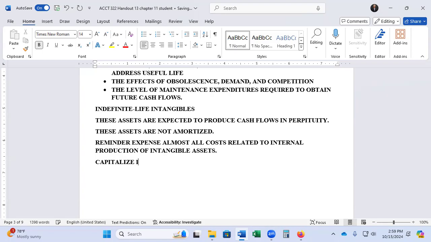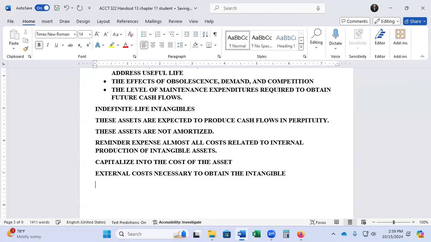Capitalize into the cost of the asset the external costs necessary to obtain the intangible. Those can be consulting fees, engineering fees, those types of things, attorney's fees, legal fees. Those would be like filing with the court and attorney.